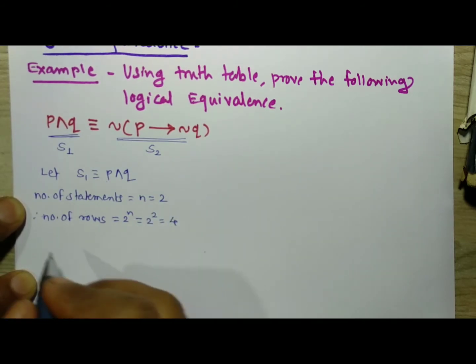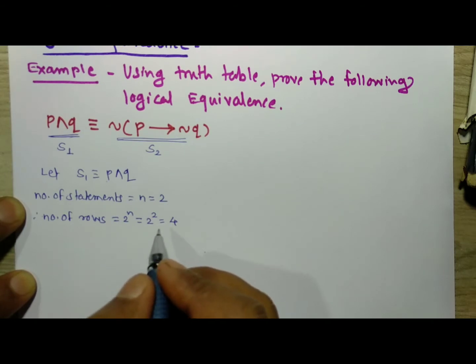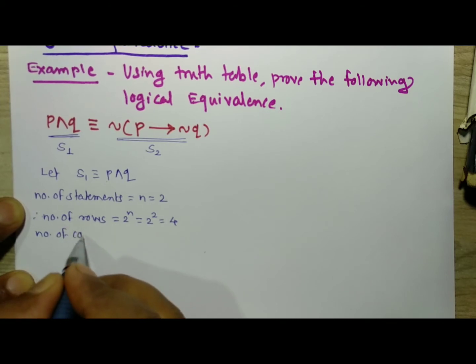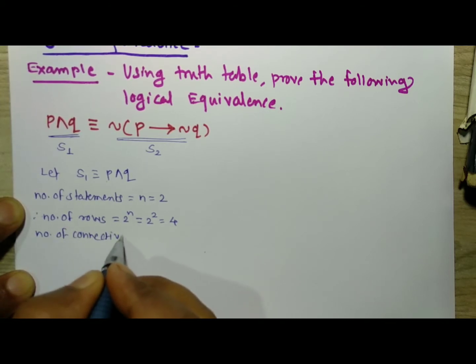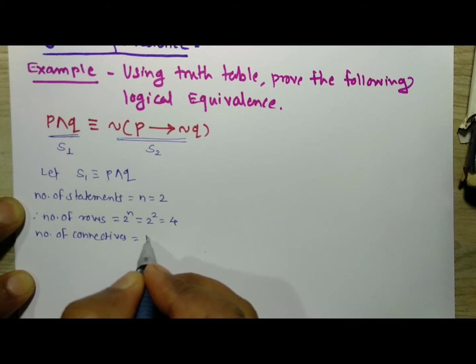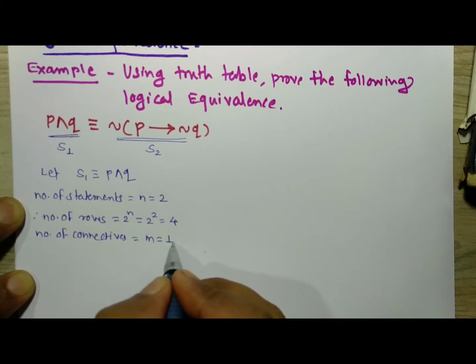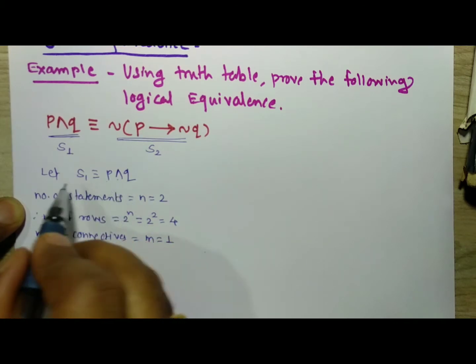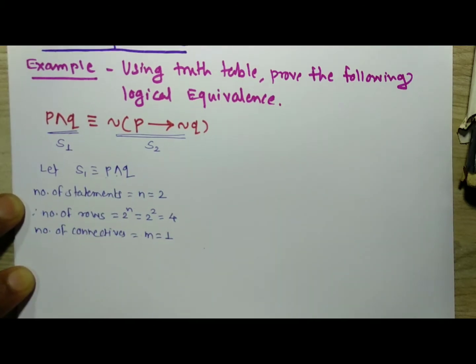That means our truth table consists of 4 rows, and the number of connectives is denoted by m, and it is 1 here because one connective is used inside the statement pattern S1. Therefore the number of columns is equal to m plus n, that means 1 plus 2, which is equal to 3.